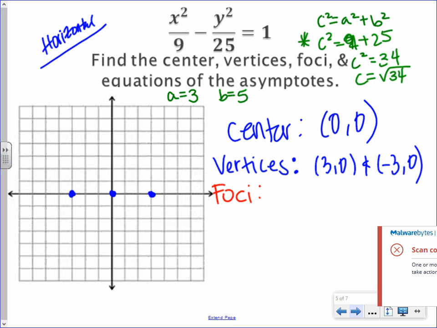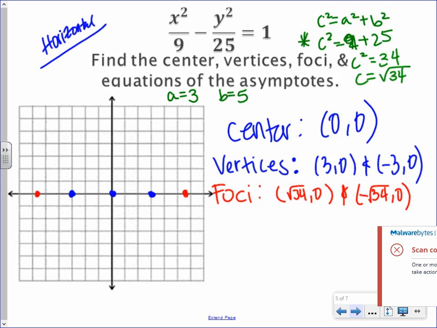So we're going to go from the center 1, 2, 3, 4, 5, almost 6. Those are your foci. So from 0, 0, we went right radical 34, and from 0, 0, we went left radical 34.